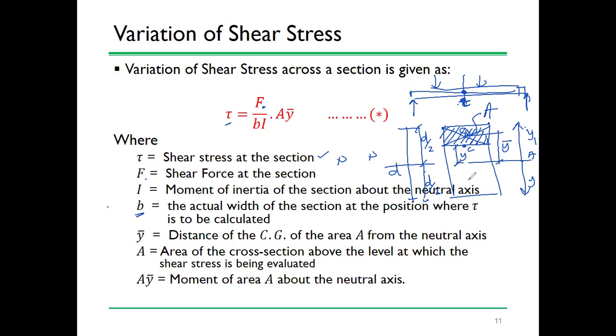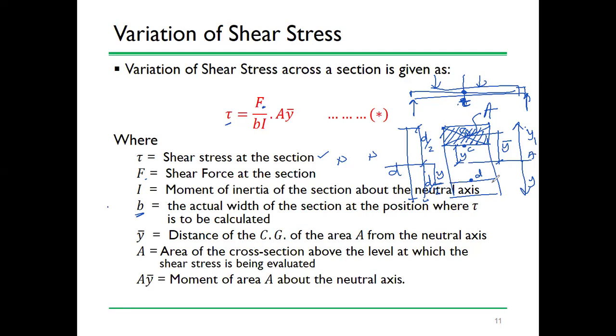I'll come again. Supposing we are finding the shear stress at D. If I draw a line here, the distance from the neutral axis to my D here is the y.